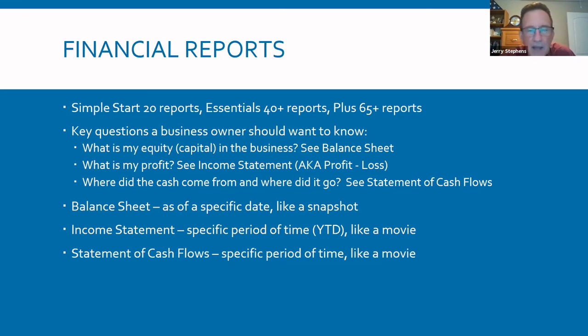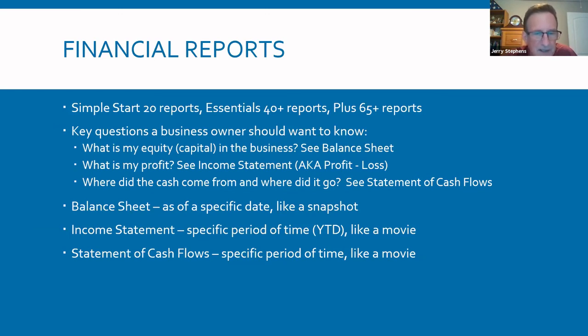You're going to do that by looking at the balance sheet. What is my profit? So you're going to look at the income statement. Some people refer to it as the profit and loss statement. And where did the cash come from and where did it go? That will be evident through the statement of cash flows. And those reports are going to be available on all of those.